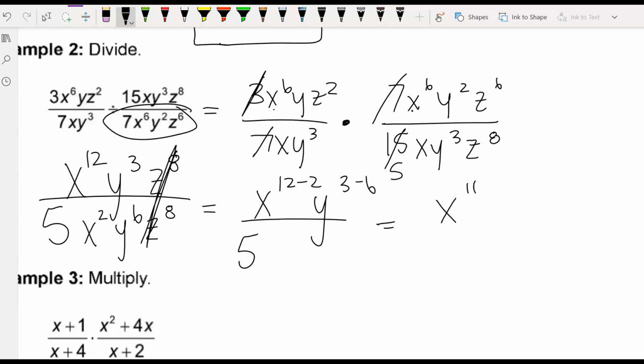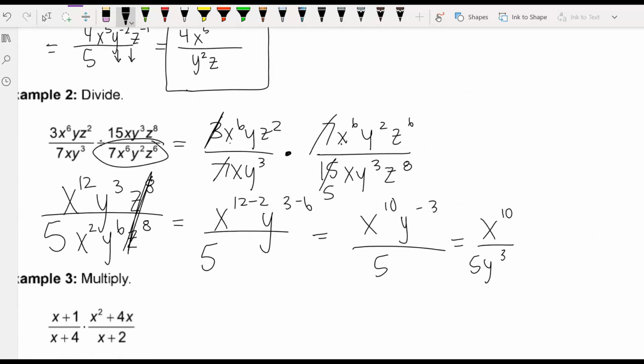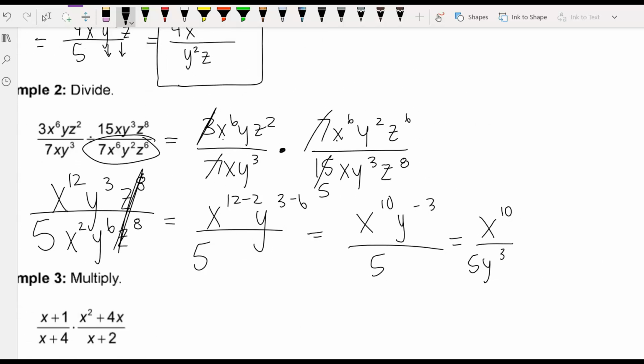So x to the 10, y to the -3 over 5, which leaves us x to the 10 over 5, y to the third. Or you could have left the z, so z 8 minus 8, just so you know to cancel that.